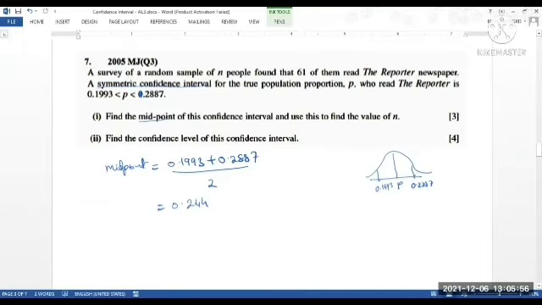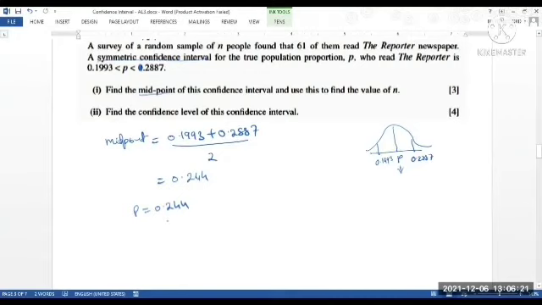So you can imagine that if you find the midpoint of a confidence interval which is symmetric, the midpoint will be representing P. So in a way, the population proportion P is 0.244.